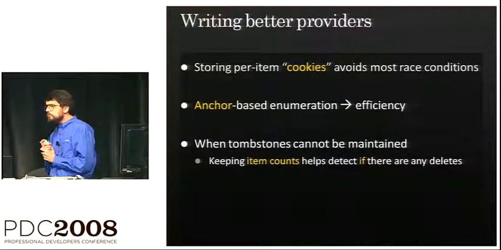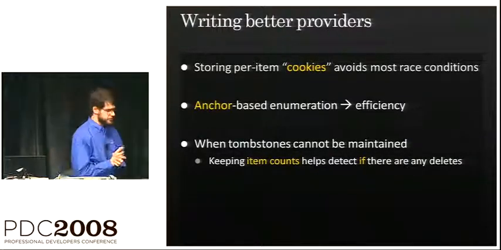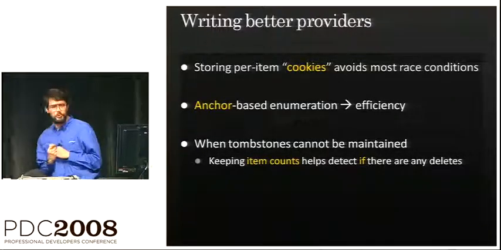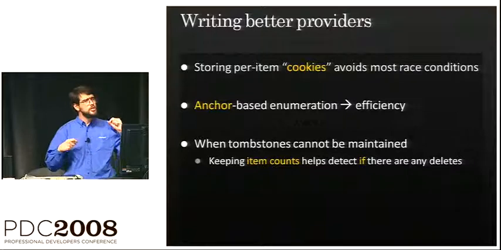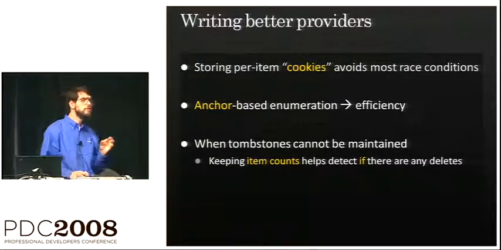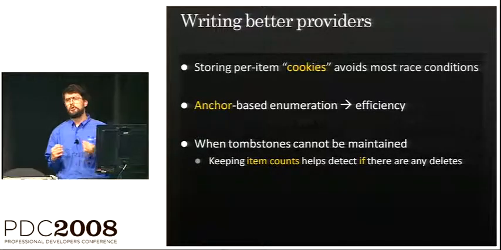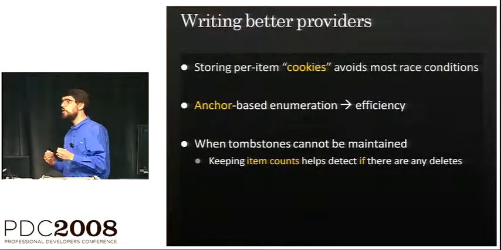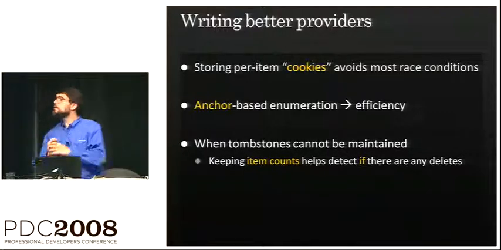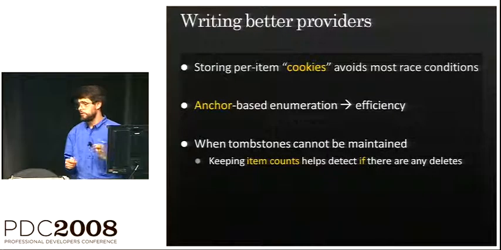I wanted to talk for just a couple seconds about writing providers. There are a couple of things that you can do in your store in order to make that store work so much better with the Sync Framework. One of them is storing per item cookies. If there is a way in your store to associate a bit of information with every item whenever that item is updated or created, that greatly reduces the number of race conditions that the Sync Framework has to handle.